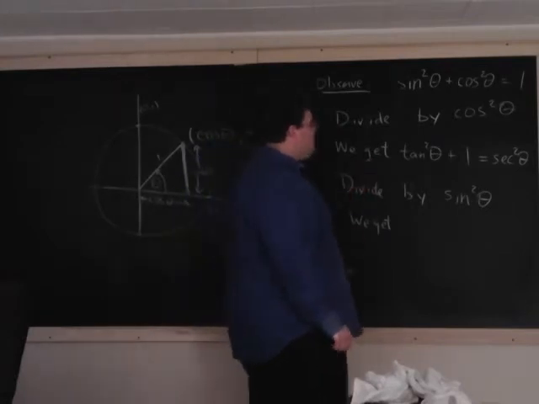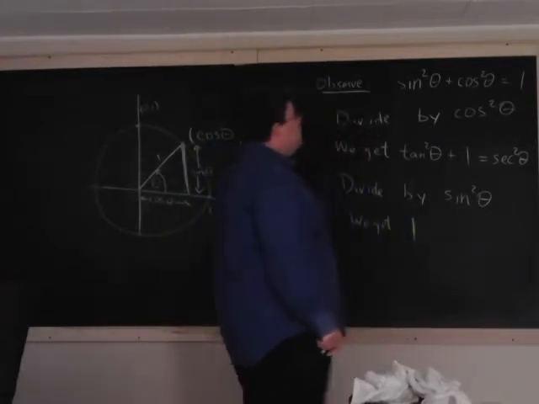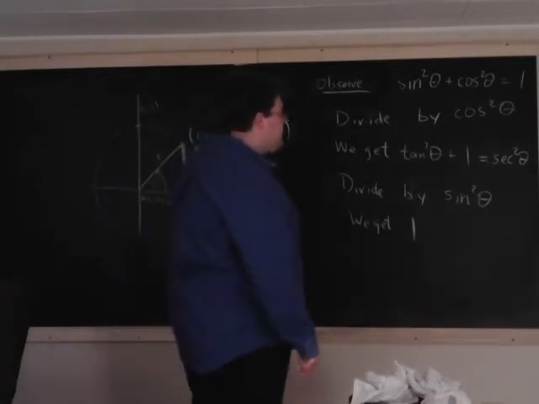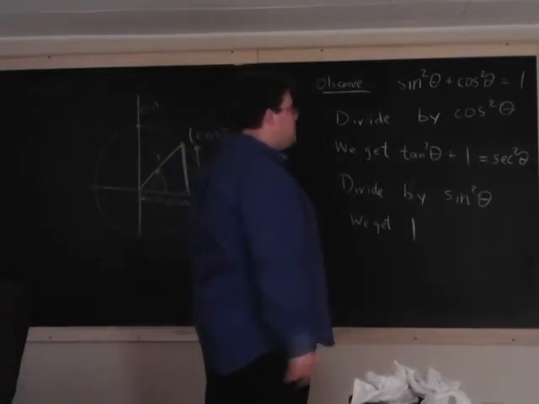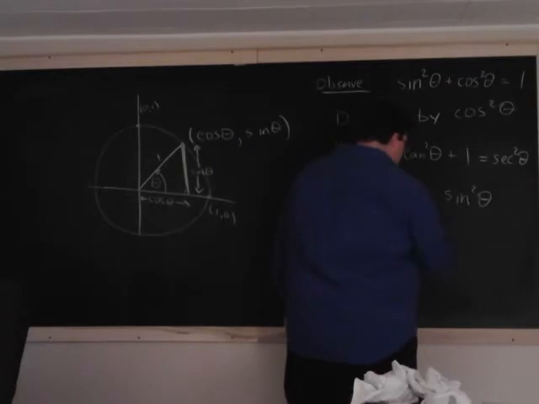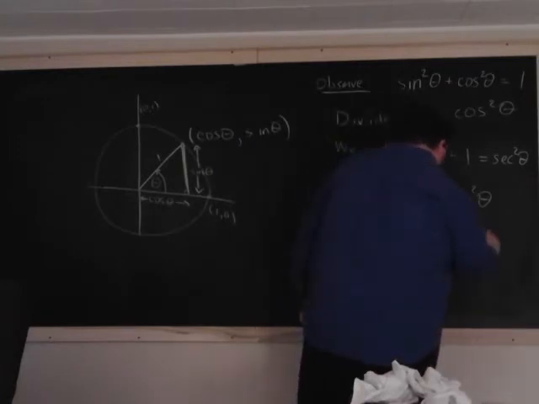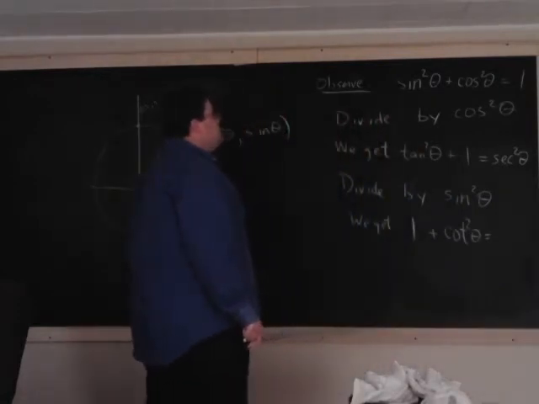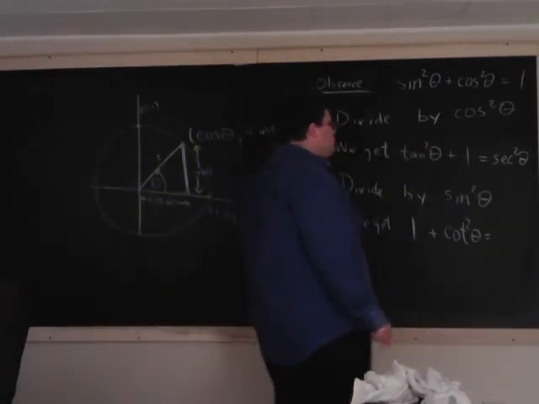Well, sine squared divided by itself is 1. Cosine squared divided by sine squared. Well, that's tangent squared, but flipped around, because cosine is on top. Tangent flipped around is cotangent. And on the right side, we get 1 over sine squared, which is cosecant squared.